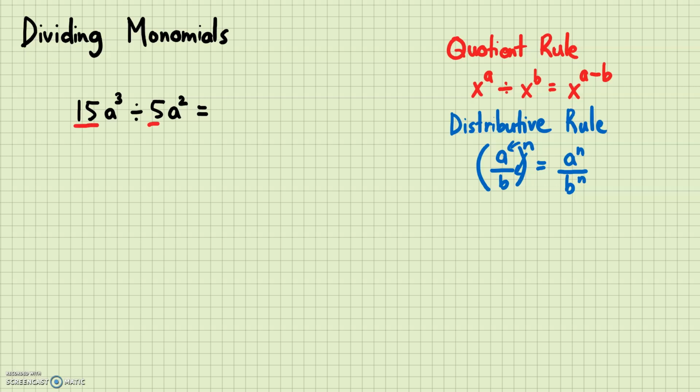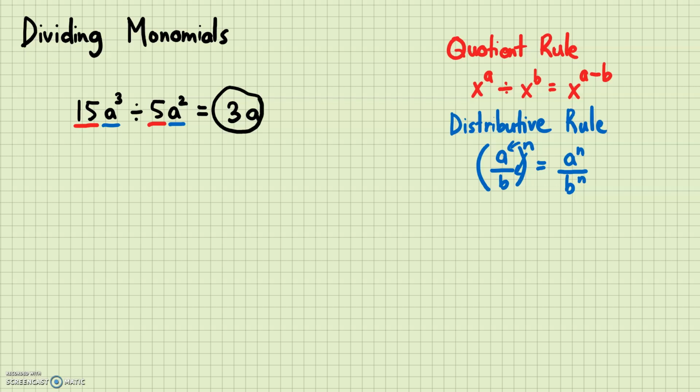So the numbers are going to equal 3. The letters are going to equal a cubed and a squared. Using the quotient rule, that's just going to equal a to the first power or just a.